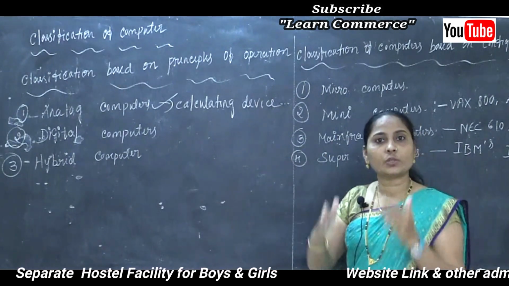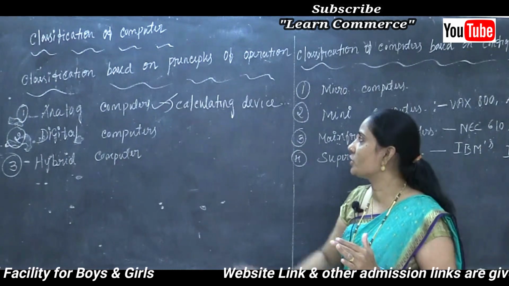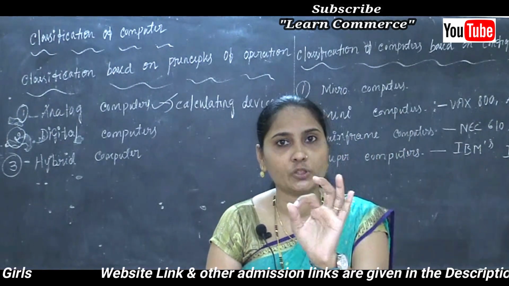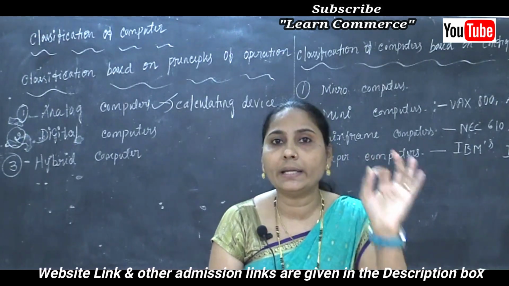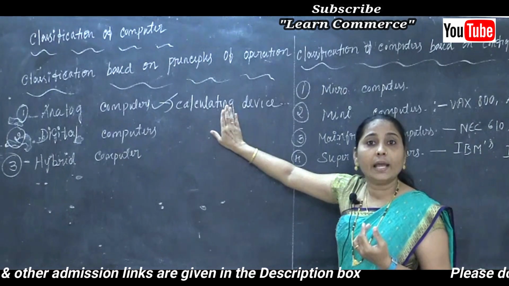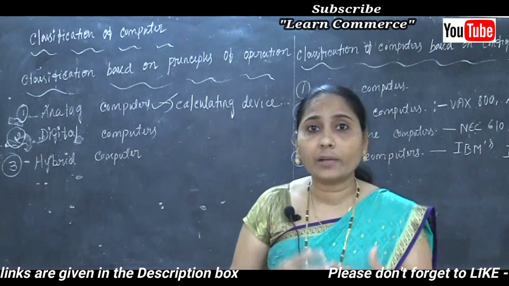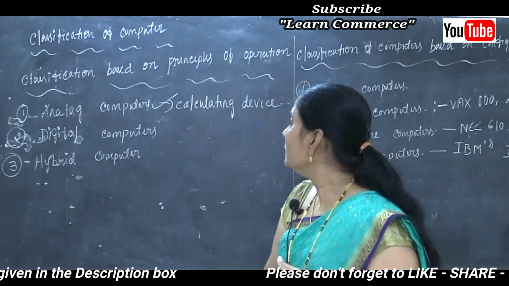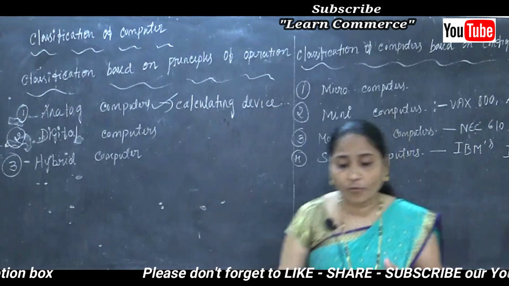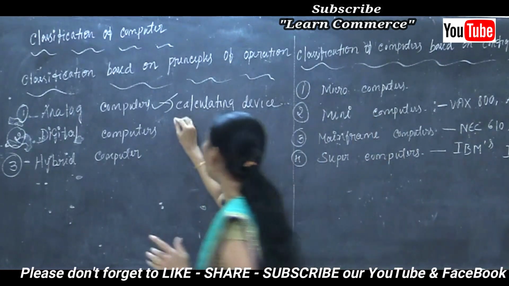Now from the same line I started for our analog computer. How did I start for the analog computer? An analog computer is a computer, or a calculating device. Clear this point? It is our calculating device, and it works on the principle of measuring. Which computer works on the principle of measuring?